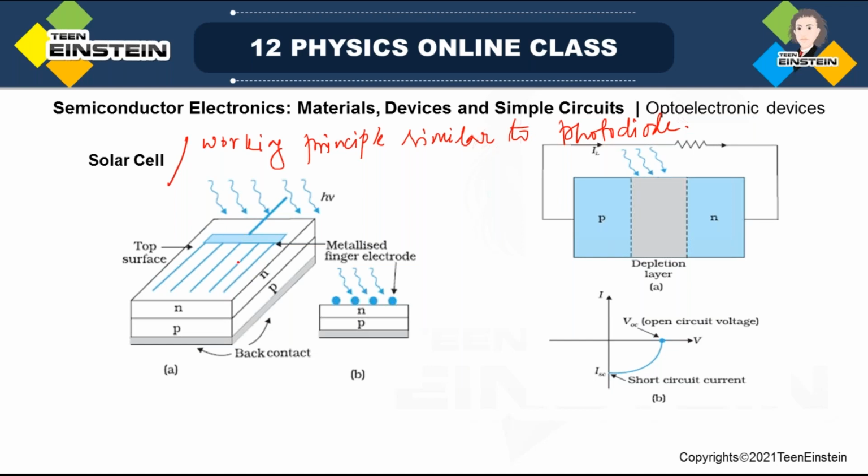There are slabs of N type material and P type material, and there is a backing contact, a metallic contact in the back, and here there are metallized finger electrodes. This is the top surface. The top surface is generally made very flat or with a larger area so that it can collect more solar energy or photons.